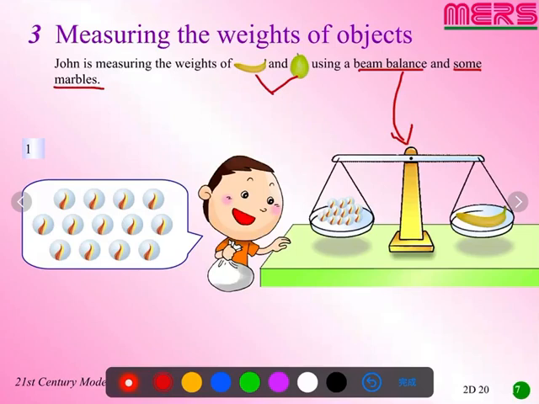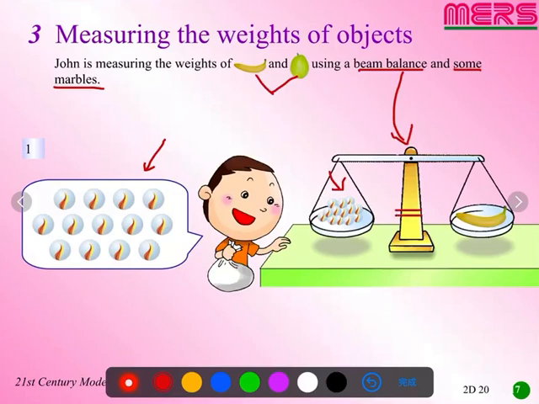Because this time when we compare these two objects, maybe the difference between their weights is so close. So we will use other objects to help us compare their weights. Okay? And now the object we use is some marbles.